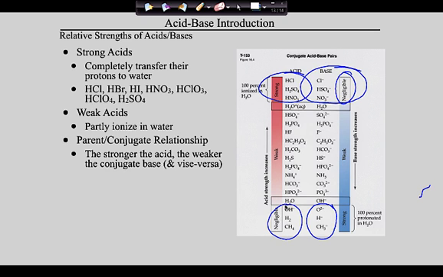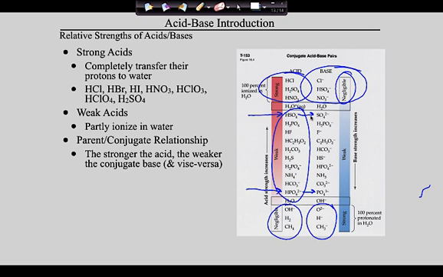But now, guys, we get into this interesting region in between, where we've got all of these substances that are actually acidic. But of them, HSO4 minus is the most acidic, and HPO4 minus is the least acidic. But now, guys, look at what happens to their conjugate bases.